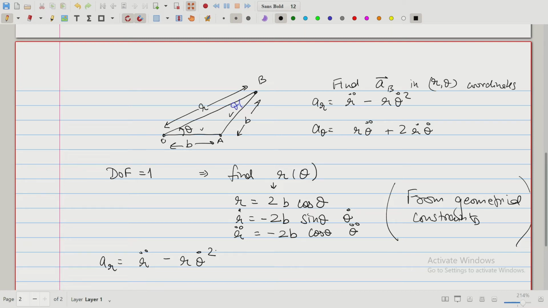R double dot is wrong. Oh, sorry. Oh, yes, yes, yes. Sorry for that. Yeah. Now it is correct. Thank you.